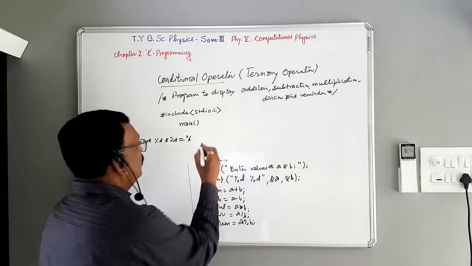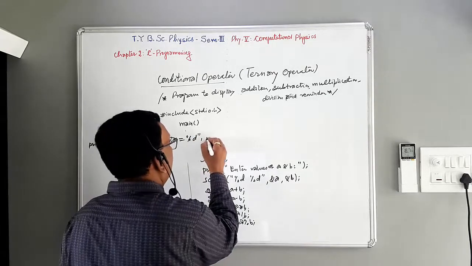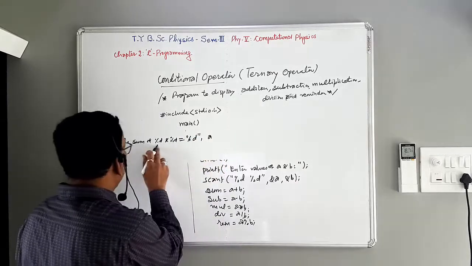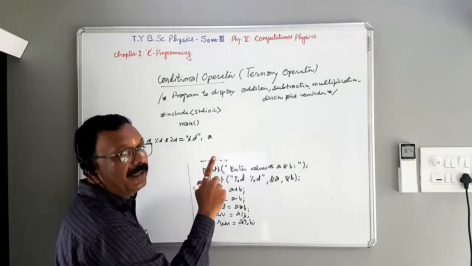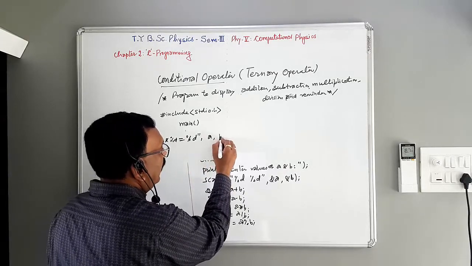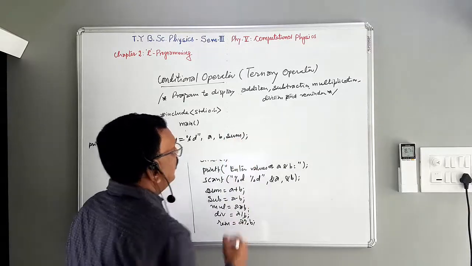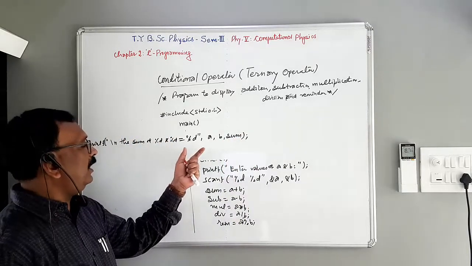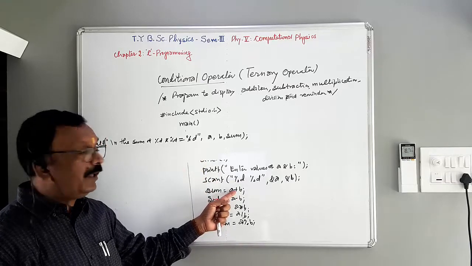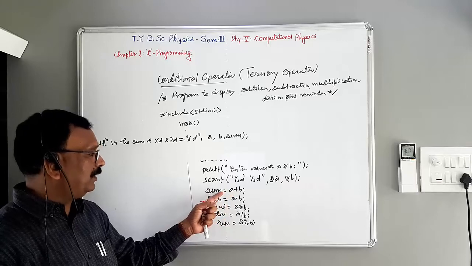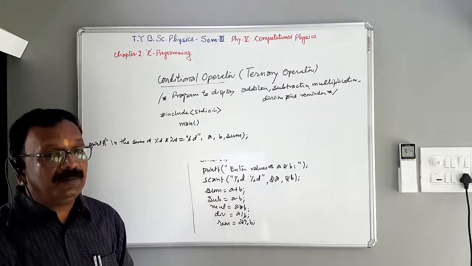Therefore, here we use the control string %d, and by using this statement, the computer displays the addition of A and B, which is stored in the sum variable. By using this variable, the computer executes the addition of two variables, and this sum is displayed on the screen of the computer by using this statement.